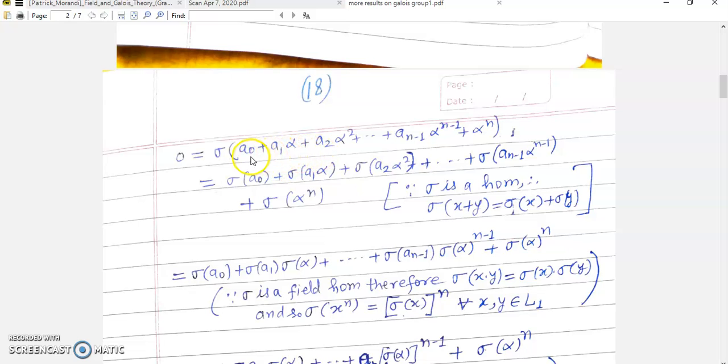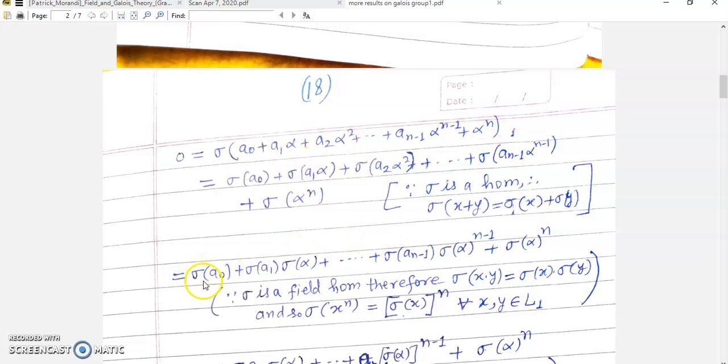Sigma is a K-homomorphism, so it fixes the coefficients in K. Sigma is a field homomorphism, so it preserves addition and multiplication. So we distribute sigma on every term of this expression.